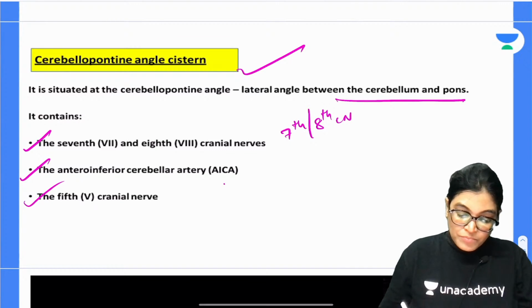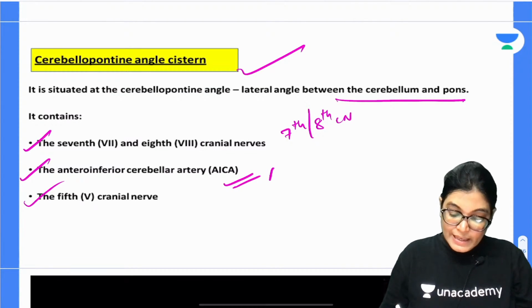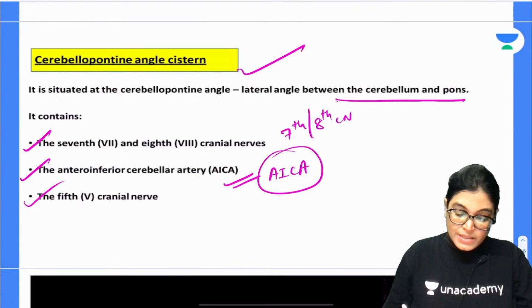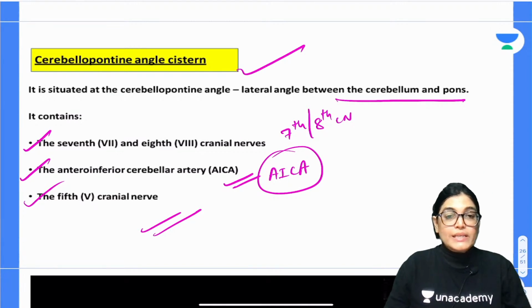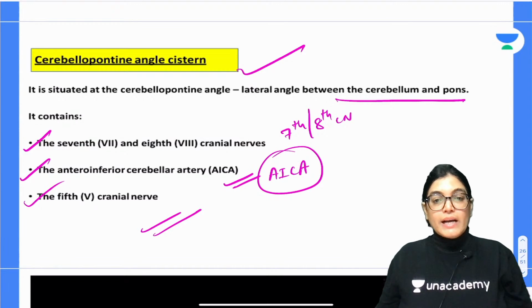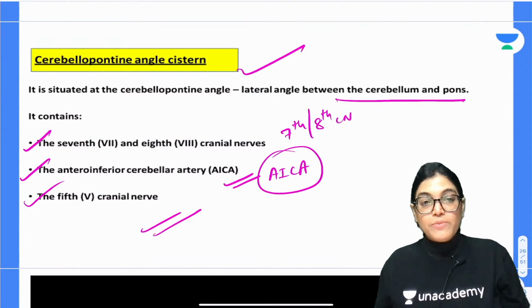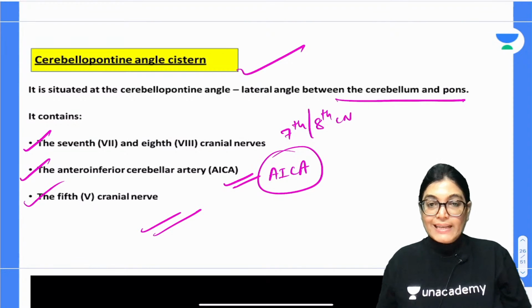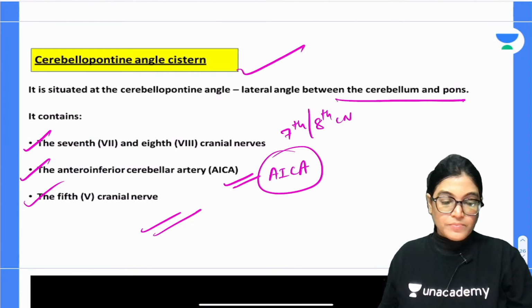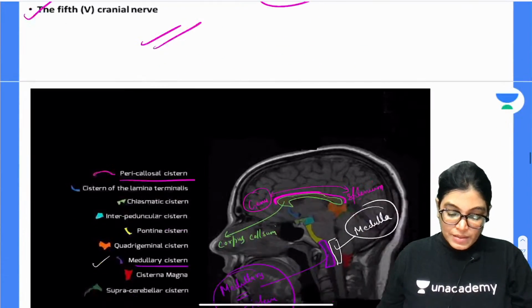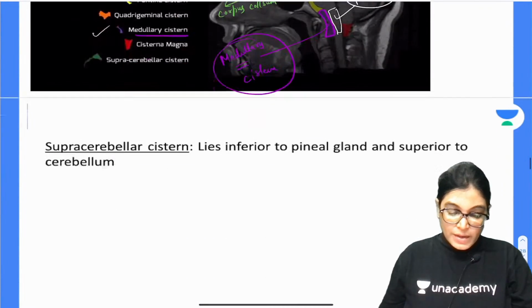We have also got the anterior inferior cerebellar artery located here, and the 5th cranial nerve. So, these are the contents of the cerebellopontine cistern, located between the cerebellum and the pons. In short, we are done with all the important cisterns.